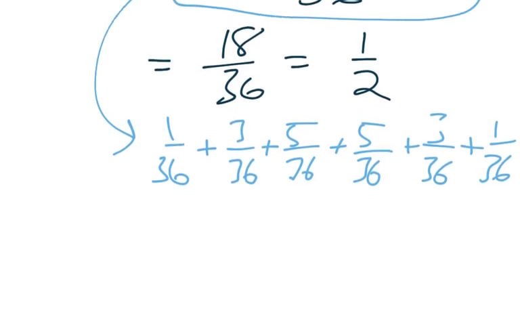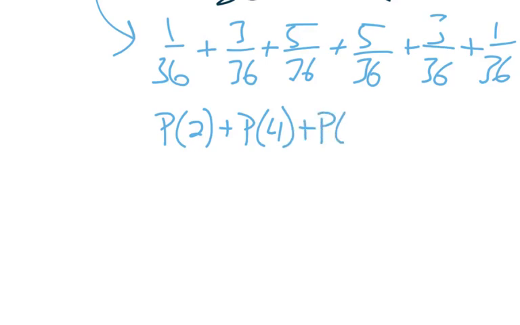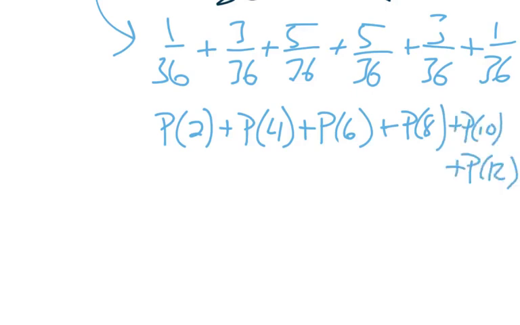And if you remember, or if you worked it out on your own, this is the same as the probability of a 2 plus the probability of a 4 plus the probability of a 6 plus the probability of an 8 plus the probability of a 10 plus the probability of a 12.